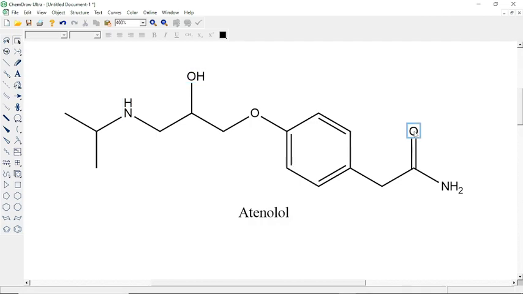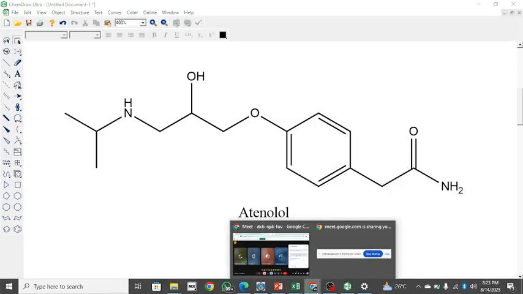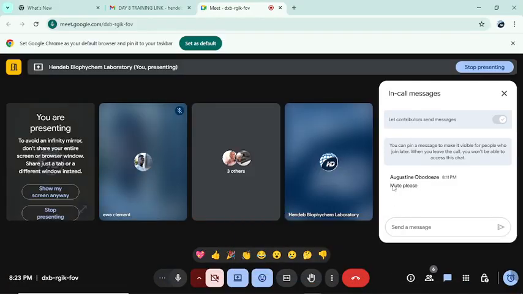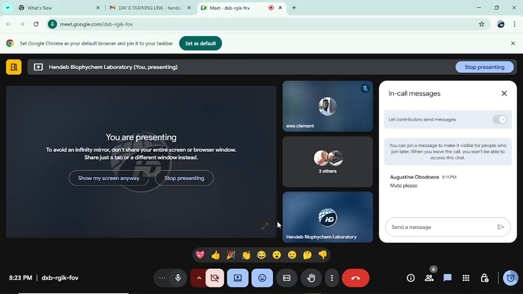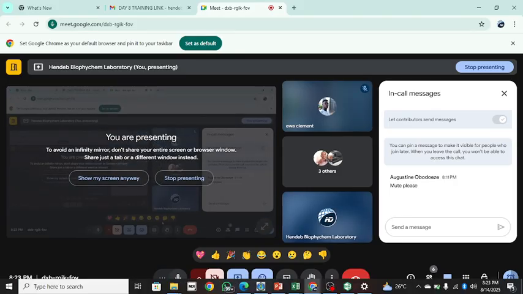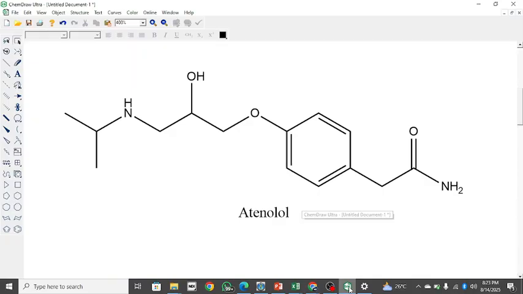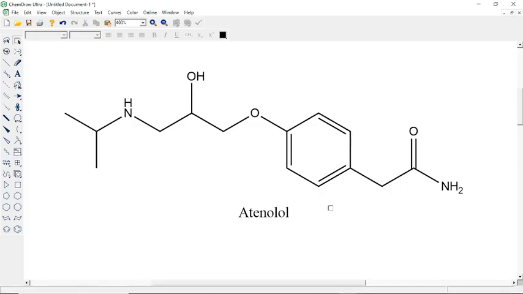The screen is off again. What could be the cause? It's like you are sharing the screen with another system. Okay, it's up now. Who else is not seeing my screen?